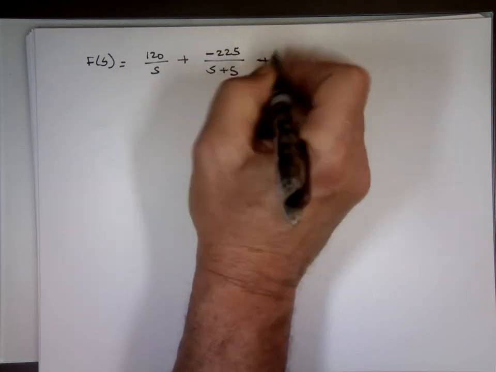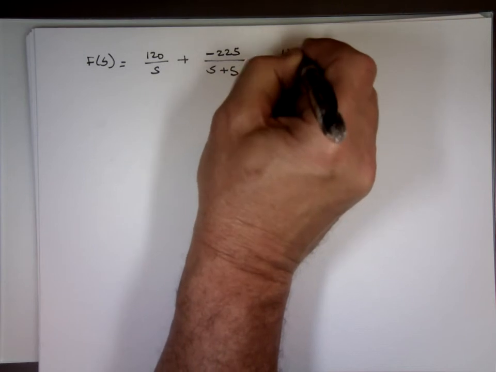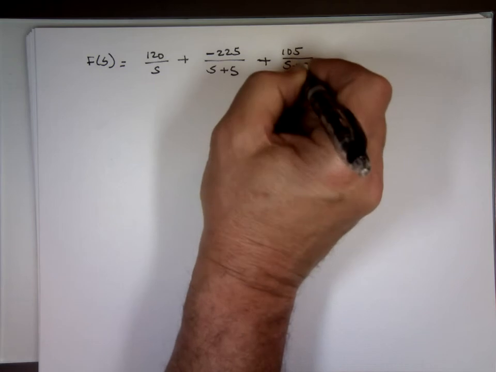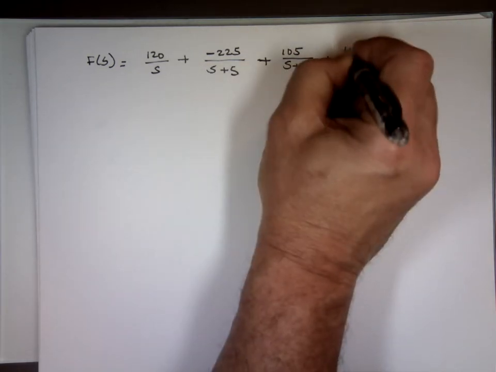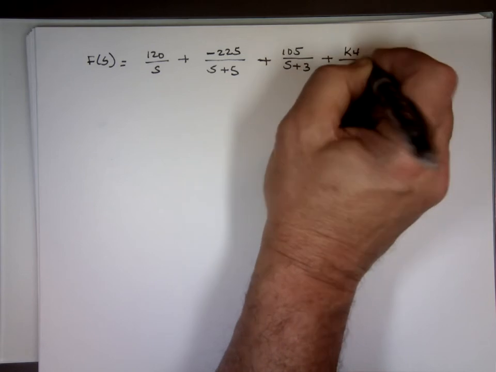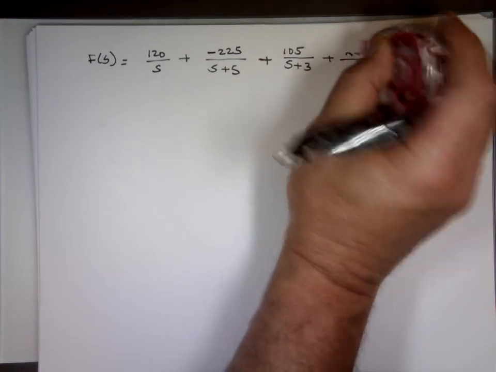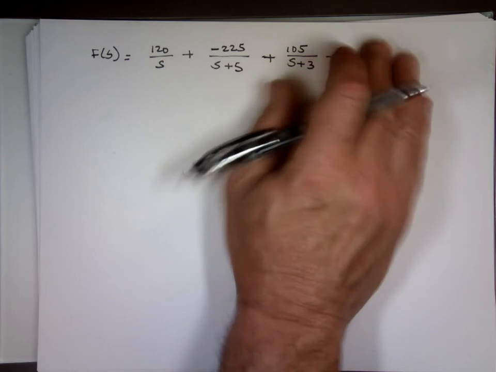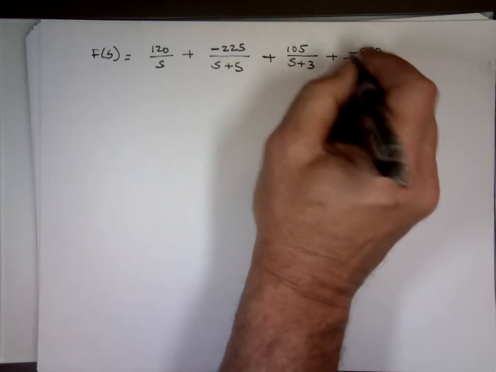That's the derivative one. 105 over S plus 3. What was K4? Oh, we know what K4 is. We found it. What is K4? Negative 810 over S plus 3 squared.